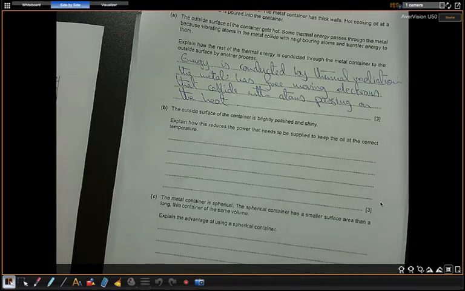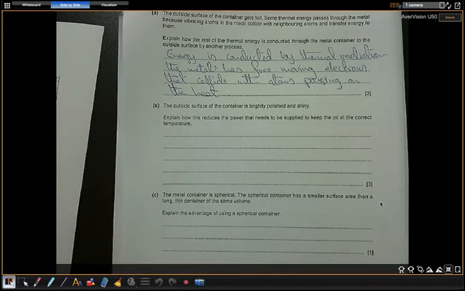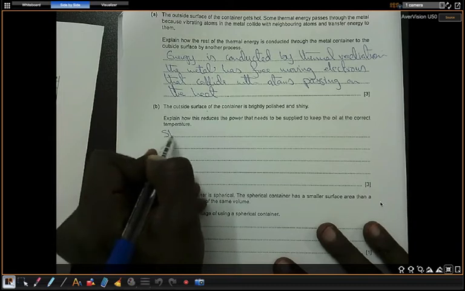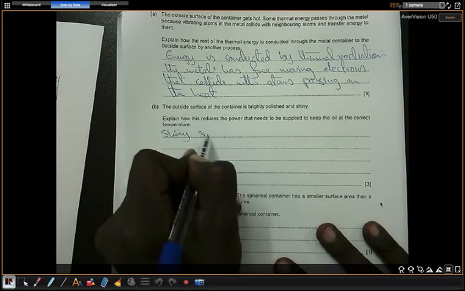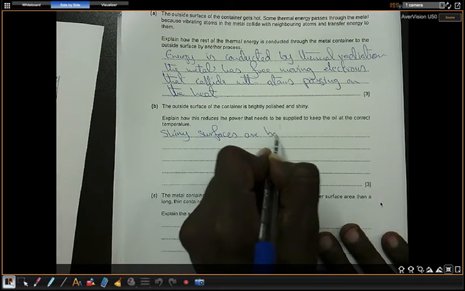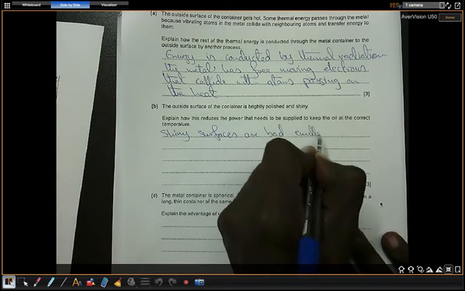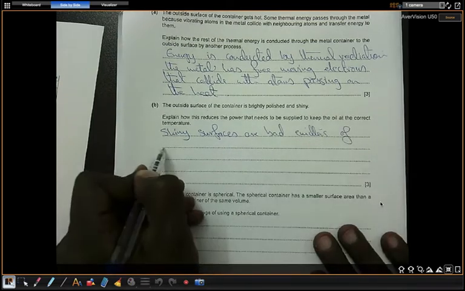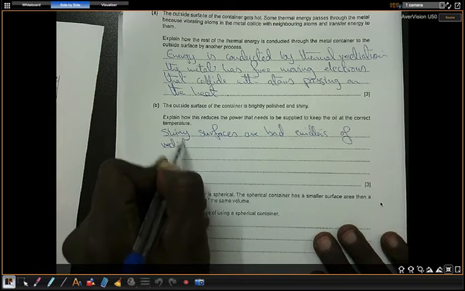The outside surface of the container is brightly polished and shiny. Okay, explain how this reduces the power that needs to be supplied to keep the oil at the correct temperature. Explain. Now you gotta start by shiny surfaces are bad emitters of radiation. You get a mark for that.